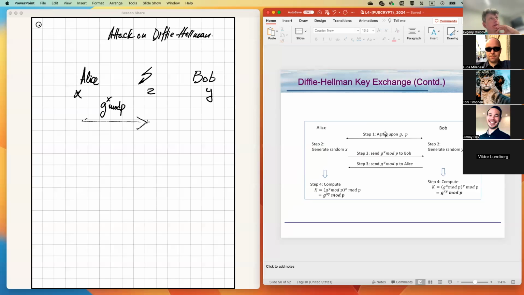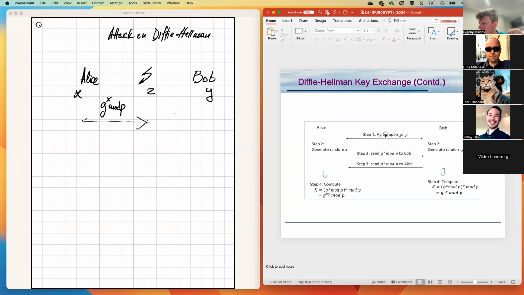How it is intercepted is a different business. It can be, for example, a fake website that looks like Bob, but indeed it's somebody else.